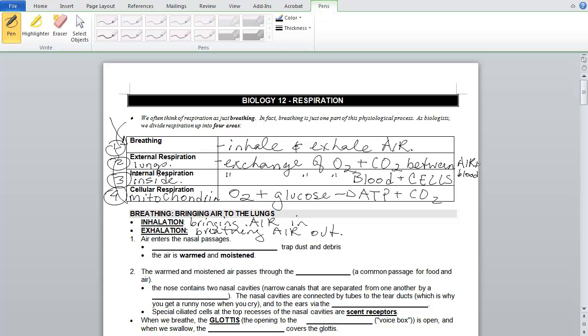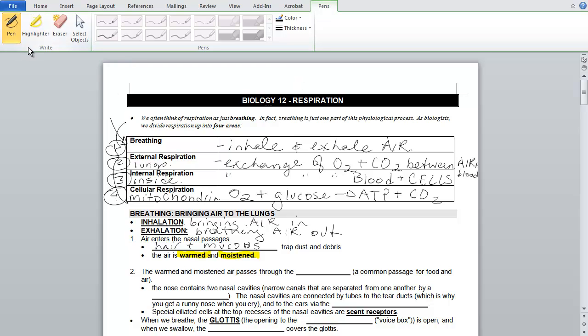So air enters the nasal passages. It is here that we have hairs and mucus, which will trap and filter debris out of the air. The air is also warmed up by the capillaries that are here, and it will be moistened. So we're warming and moistening.